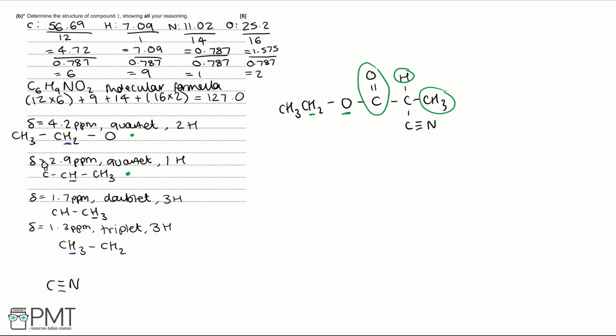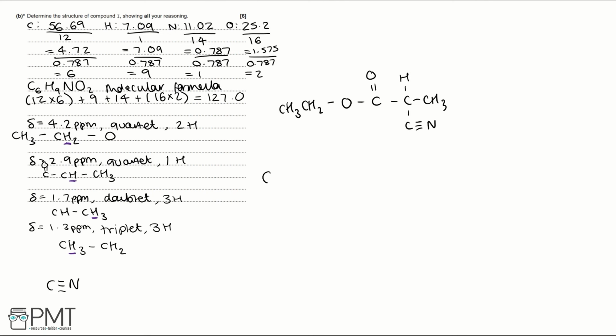And then our 2 alkyl groups with the splitting patterns of 1.7 ppm and 1.3 ppm are shown because we have them here. That's our first one with a chemical shift value of 1.3 ppm, and then our second one with the CH3 is here in a kind of L shape at the end of our compound. So this is our first possible structure, but there's more than one answer for this question.